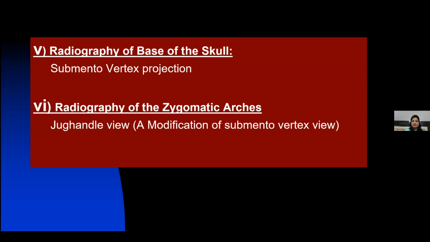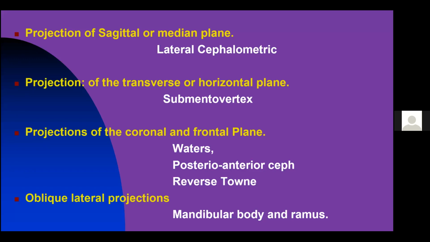So zygomatic arches, this is a modified view of submental vertex called jug handle view. So sagittal projections are lateral ceph, transverse projection is submental vertex, coronal or frontal projections are Waters view, PA views, reverse Towne's. Oblique laterals are for the mandibular body. So sagittal or lateral are mandibular body and lateral ceph.